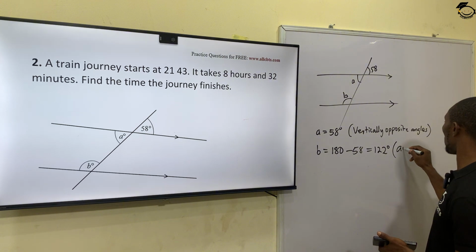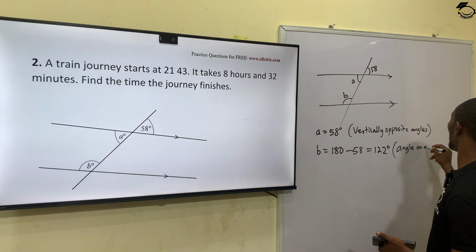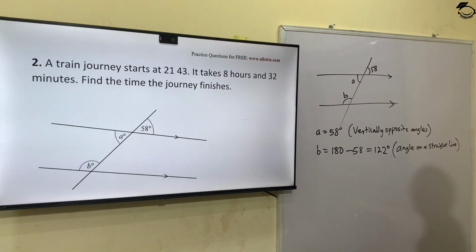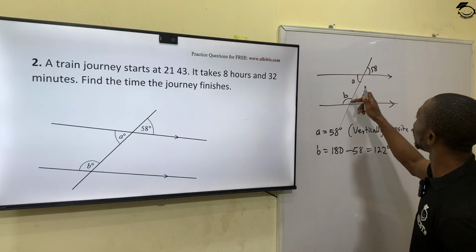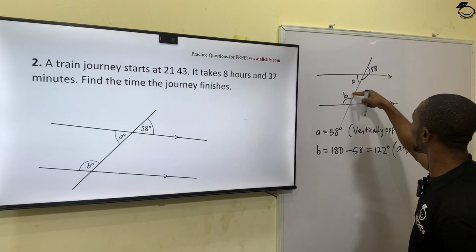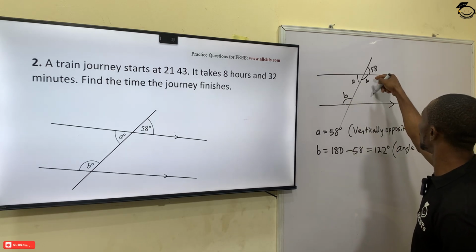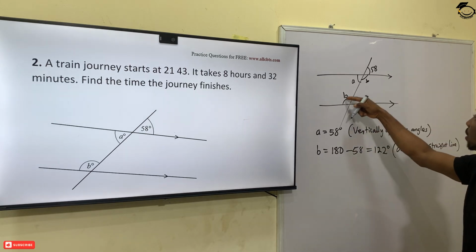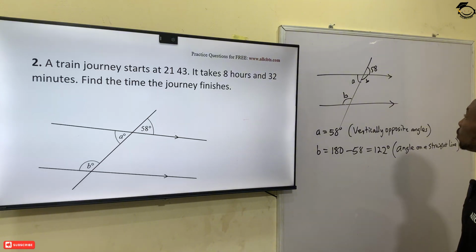Reason being angle on a straight line. Or we can use alternate angles, because this will also give you angle B, 180 minus this. So we can use alternate angles, or we use angles on a straight line.